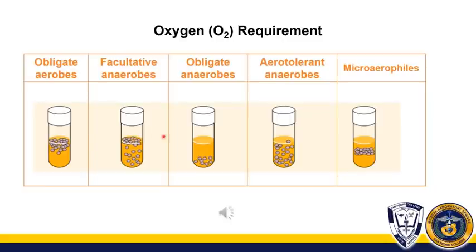For obligate anaerobes, you see signs of precipitation or turbidity at the bottom of the medium, while for aerotolerant anaerobes, just the same, homogeneous growth inside the medium. Those that require just a low level of oxygen tension, the microaerophiles, are seen just in the subsurface level of the broth.